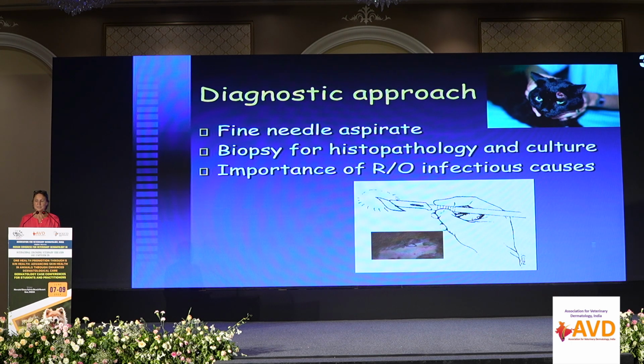And for the biopsy, the ideal thing is to actually get a whole nodule, if possible, a lesion that is not ruptured yet, so that you can do a wedge biopsy, remove the whole nodule. I typically send some for histopath, where I ask the pathologist to please run some special stains based on my differential diagnosis, and then some I submit for culture.